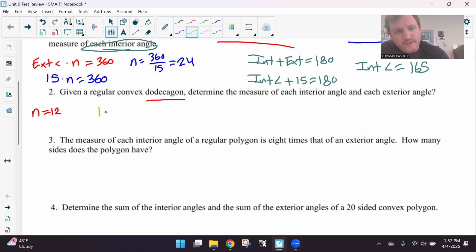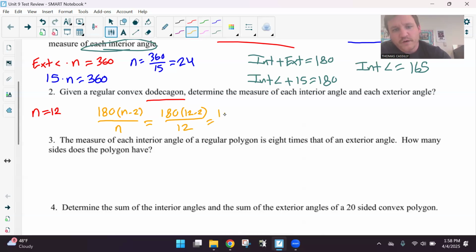I know if I take 180 times n minus 2, that's going to give me every single angle added together inside of the shape. If I divide it by the number of sides, that is going to give me just a single interior angle. So I'm going to do 180 times 12 minus 2, all over 12.